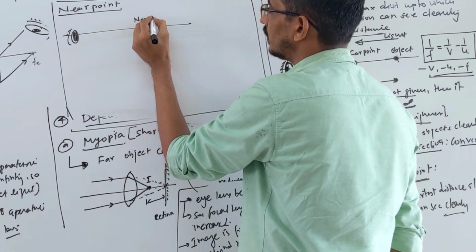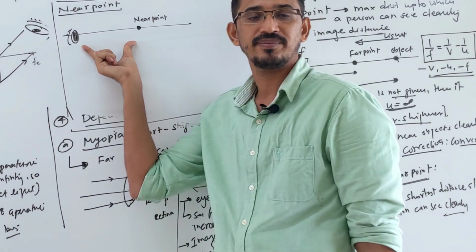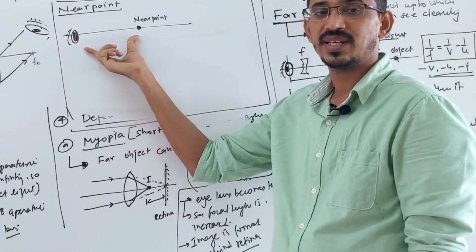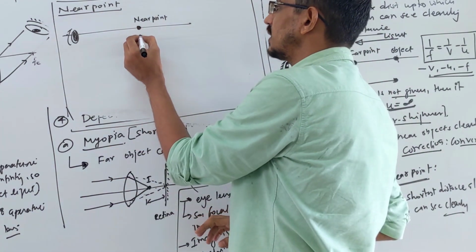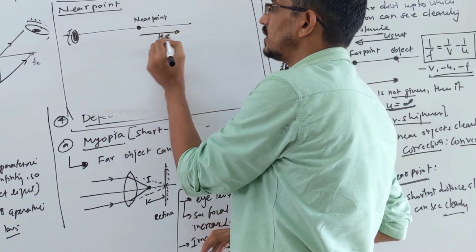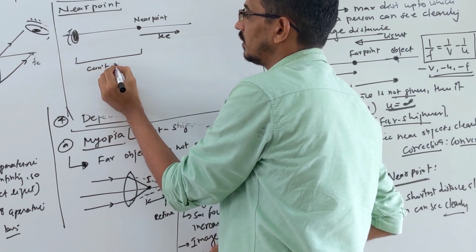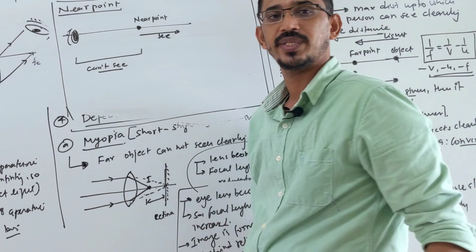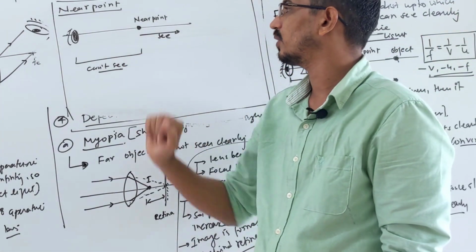In this range you cannot see. After this you can see, from this range onward. Here you can't see, because you cannot see nearby objects. So the minimum distance after which you can see is your near point.